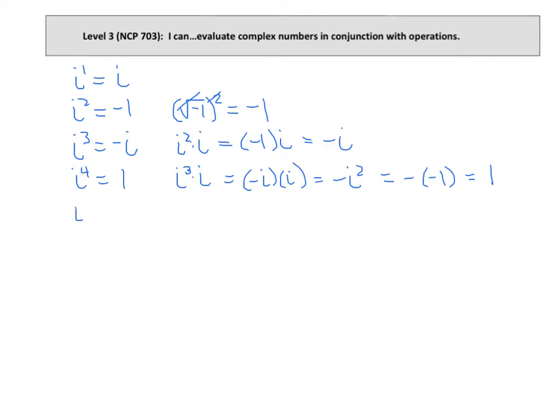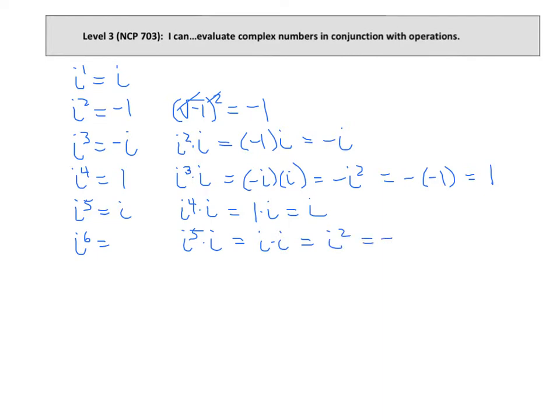Now let's go to i to the fifth power. i to the fifth is going to be i to the fourth times another i. i to the fourth was 1, times i gives us i. i to the sixth is i to the fifth times another i. i to the fifth was i, times another i gives us i squared.